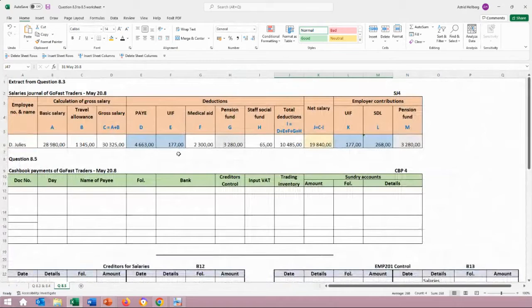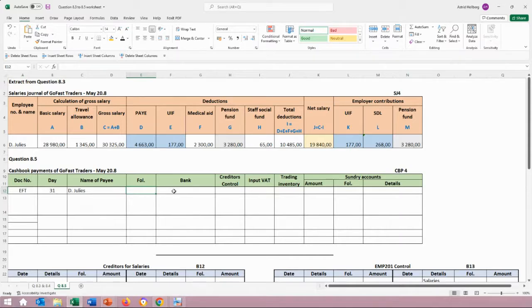Okay, so the first payment that our employer would generally make is they would pay out the net salary to an employee. So our document number would be EFT, the day would be at the end of the month, and the name of the payee would be D. Julies. Okay. There would be nothing under the folio number because we do not have a debtor, we do not have a creditor's number.